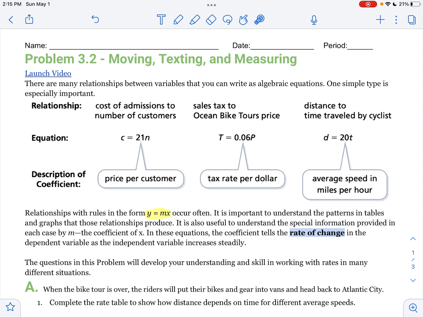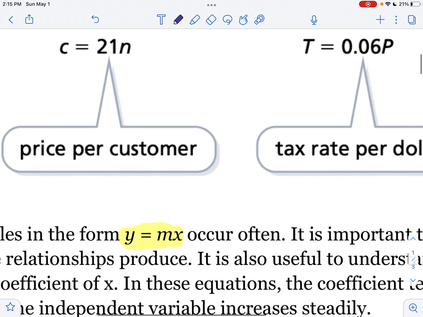Same thing here with the sales tax, the t is in the y spot, our decimal is in the m spot, and the p is in the x spot. And lastly, with this one, d is in the y spot, 20 is in the m spot, and t is in the x spot. For all three of these examples up above, in the m spot is our number or our coefficient.